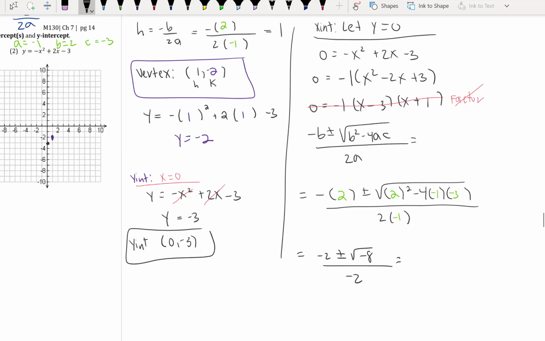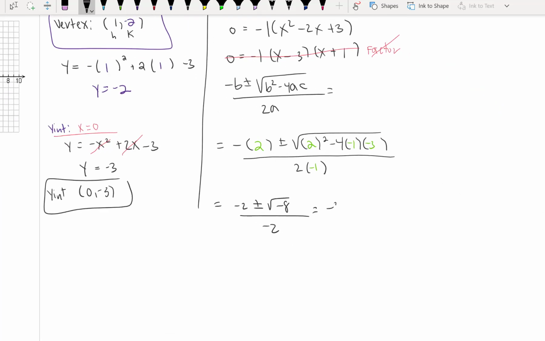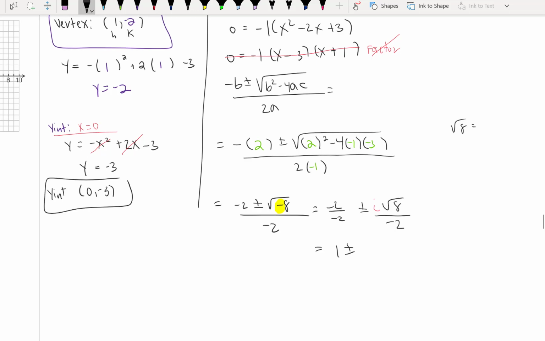So if I were to split this, it would give me negative 2 over negative 2 plus or minus, and since it's a negative inside, I have an imaginary number, and I have the square root of 8 over negative 2, which would just give me 1 plus or minus, and the square root of 8 can be simplified as 2 root 2.